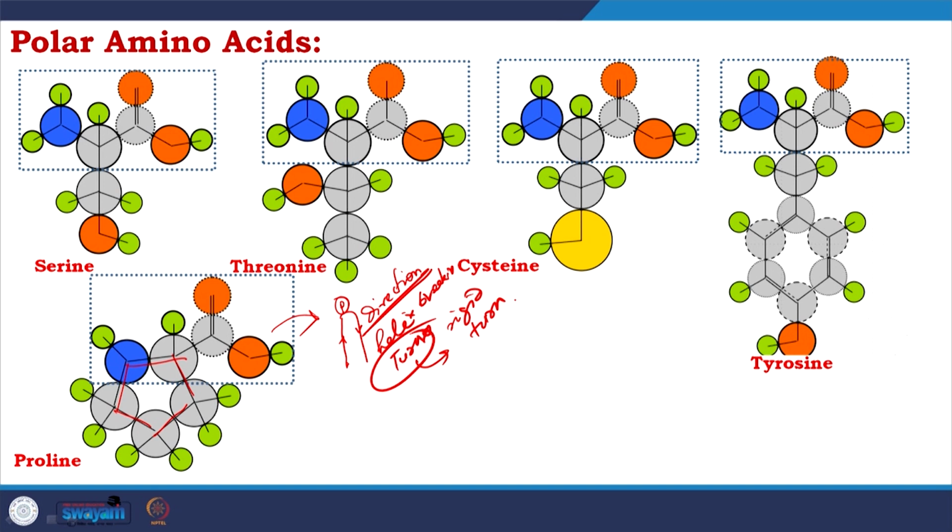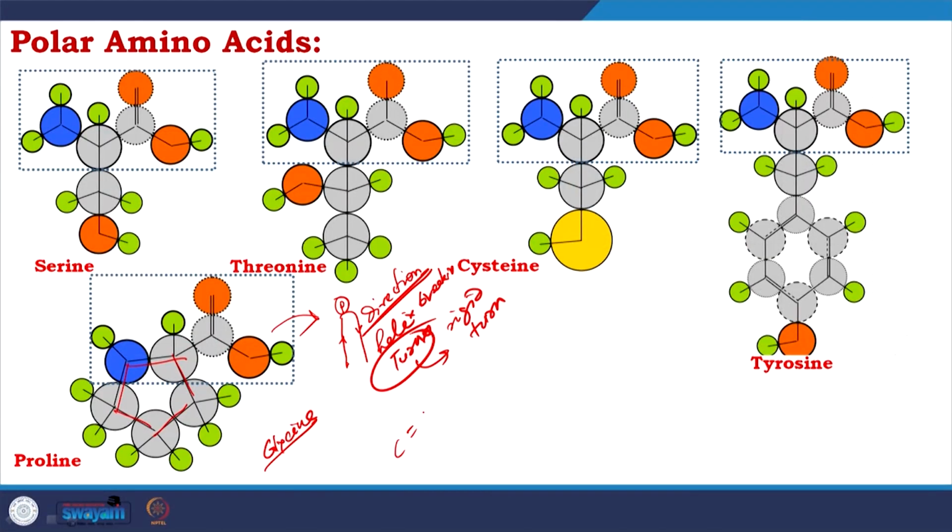When I am talking about turns and rigid turns, I should also talk about glycine. You know, glycine is the smallest. So when it is there, it does not allow helical packing. We will talk about the alpha helix. You will see that the alpha helical development is because of C=O...NH hydrogen bonds, which form between N and N plus fourth residues.